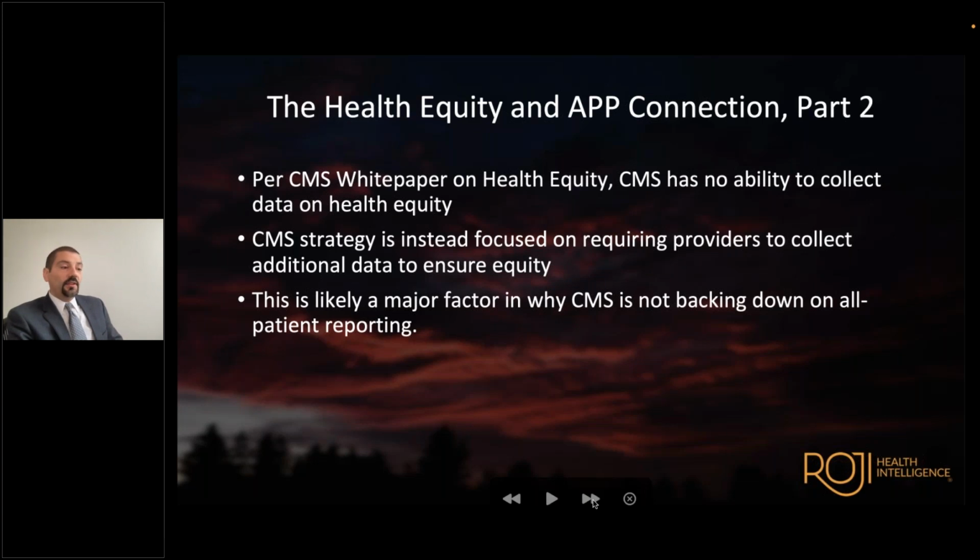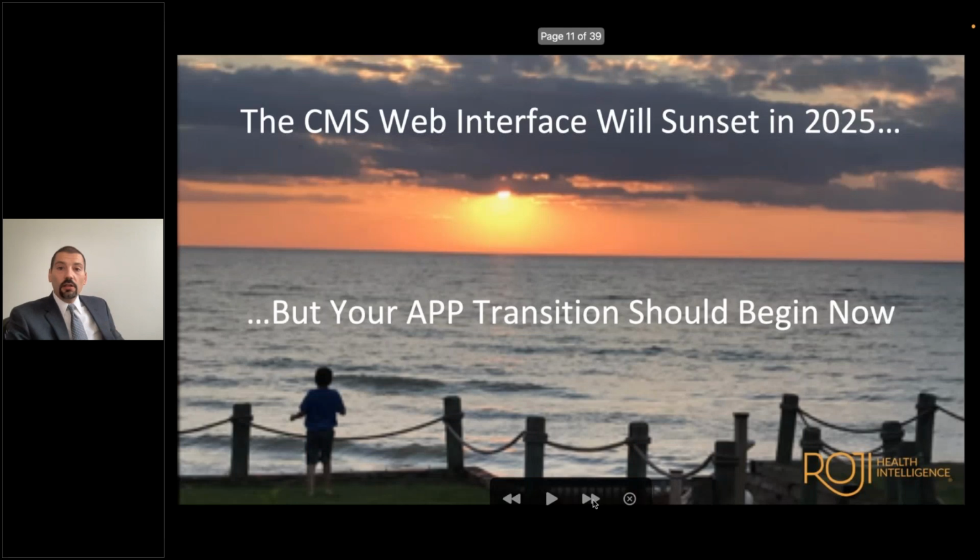There had been plenty of lobbying, and it has been pushed back. Those of you who have been following the legislation know that it was going to be starting this year, but has been pushed back to 2025 as a mandatory piece. And as I said, the CMS web interface is going to sunset in 2025, but your APP transition should begin now. And we'll talk about why.